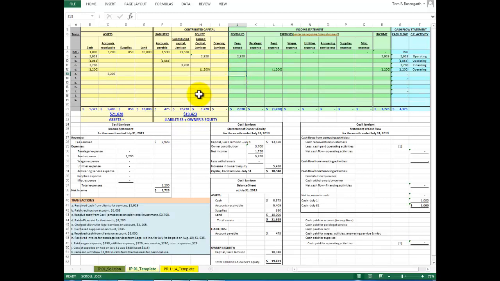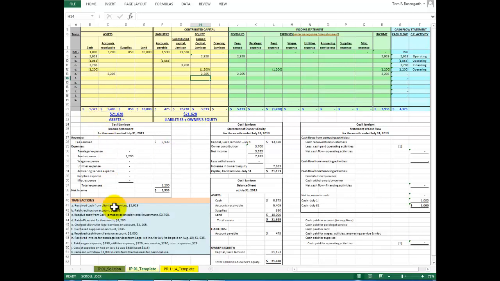Because Cecil Jameson cannot bill clients unless fees were earned, we will also increase fees earned by the same amount, $2,205. The increase in fees earned increases income, and the increase in income is also reflected in the earned capital, $2,205. As you can see, the balance sheet balances. Now, as I'm going through the various transactions, note that as I enter a transaction, the financial statements are updated accordingly.